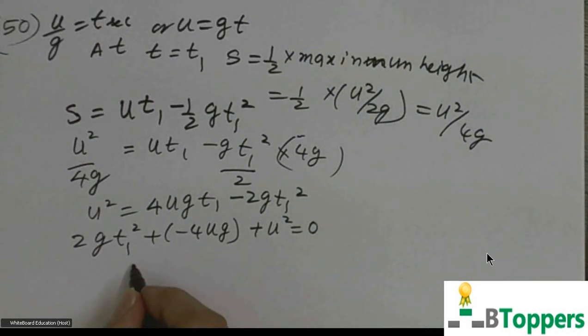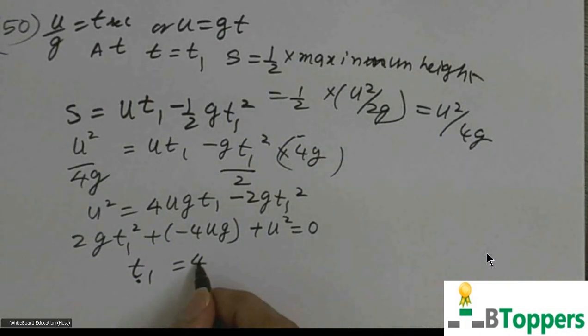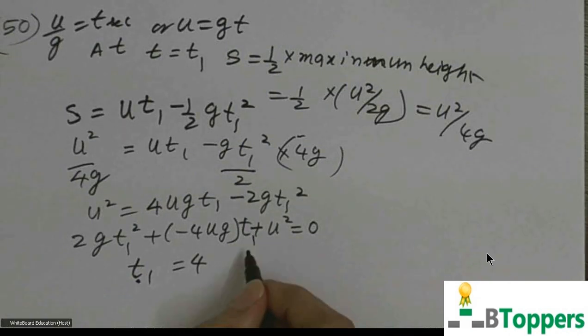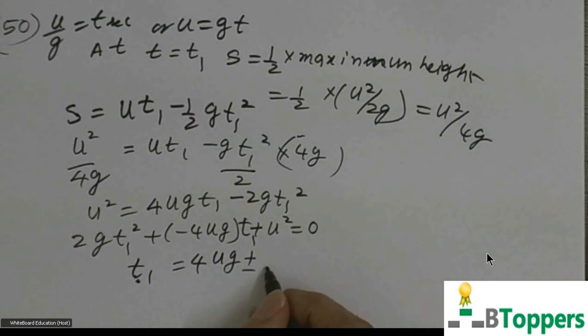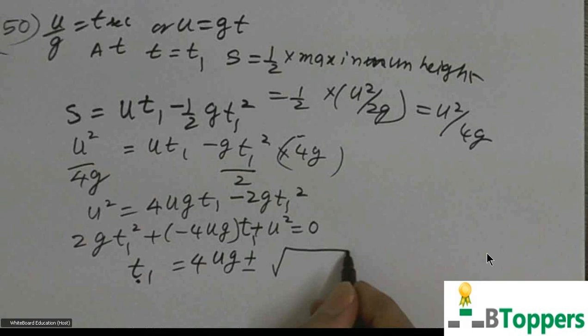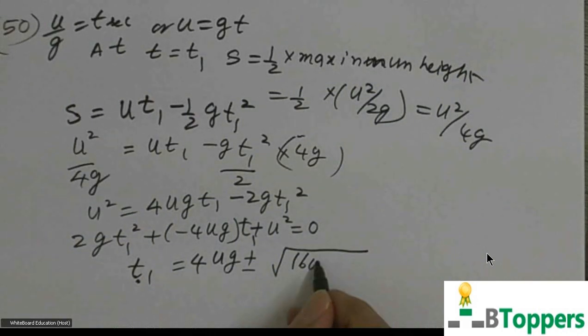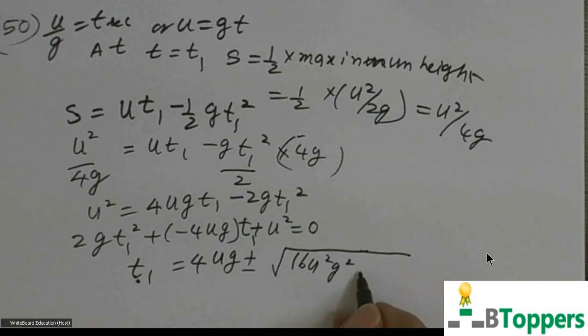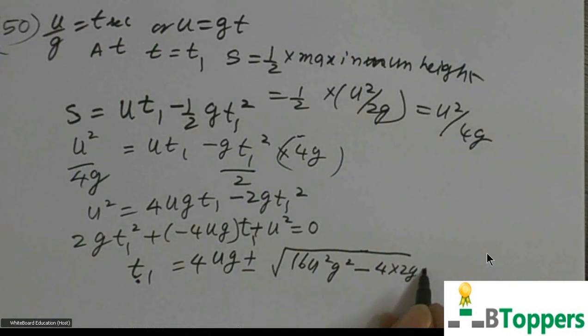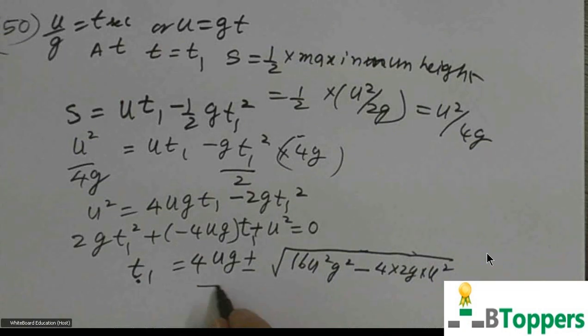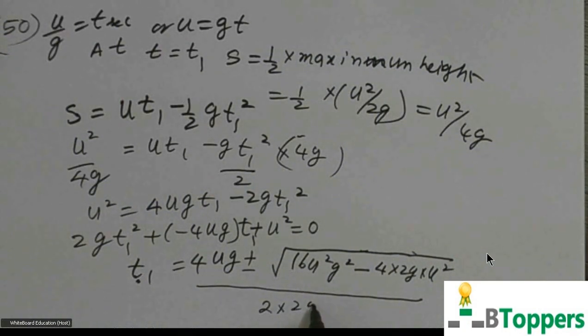You can solve this by using the solution of the quadratic equation: t1 equals 4ug plus or minus under root of b square, that is 16 u square g square, minus 4ab, that is 4 into 2g into u square, by 2a, that means 2 into g.